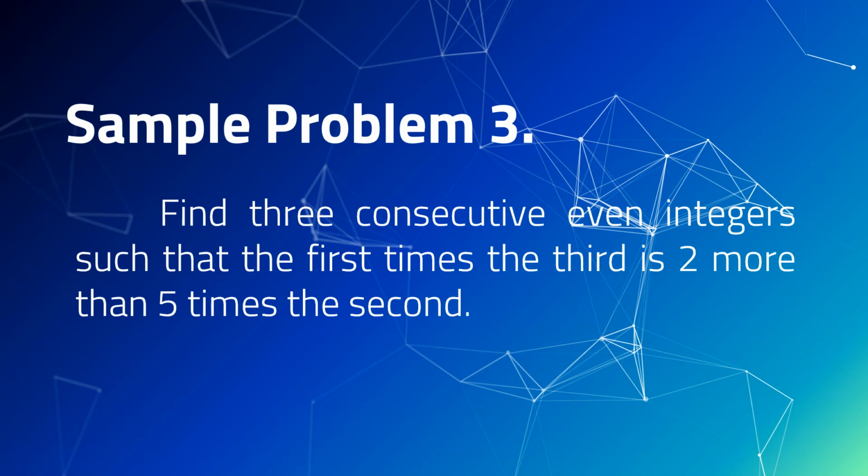It can be 2, 4, 6, can be 10, 12, 14, as long as they are consecutive and they are even. So integers can be positive, can be negative. Such that the condition is such that the first times the third is 2 more than 5 times the second.